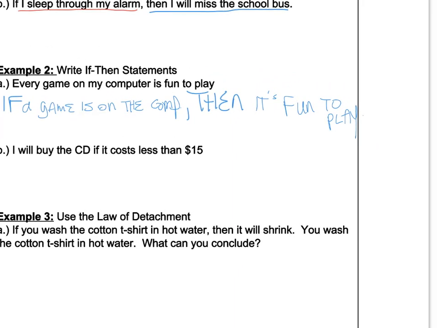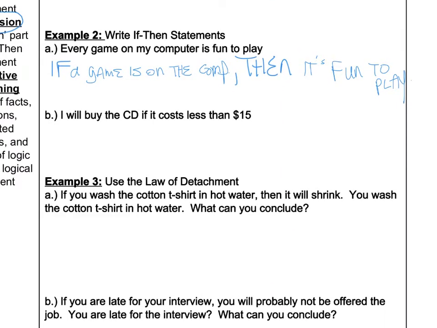So that's how we'd write that first one. And you just kind of take pieces of this phrase, okay? Game on my computer, and the reason that it's the if part in the beginning is because of the word every. So then we can just safely assume that, well, if every game's fun on your computer, that if it's on the computer, then it's going to be fun to play. And then fun to play would be your conclusion.